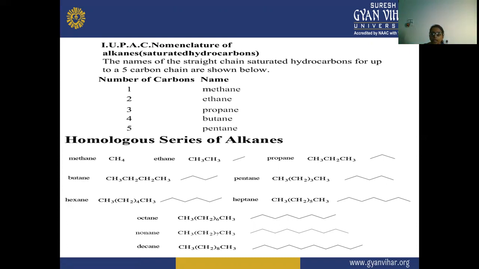Then heptane has 7 carbon atoms, and in this the hydrogen atoms are 16. So as you can see here, the chain is shown by this straight line, where the carbons are bonded by single bonds.